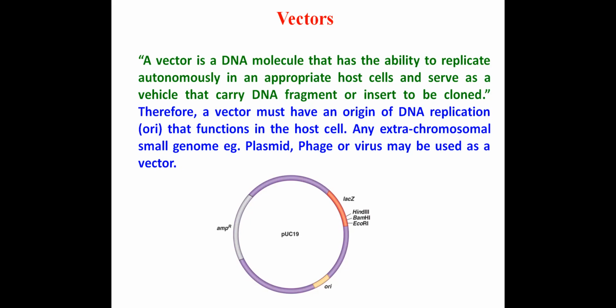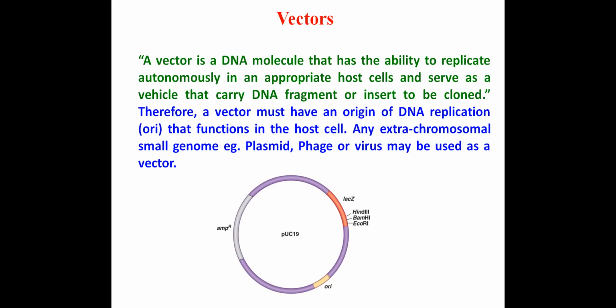These include the origin of replication. The origin of replication enables the vector to autonomously replicate inside the host cell, so it must have an origin of DNA replication. Any extrachromosomal small genome, like a plasmid or a phage virus, can be used as a vector.